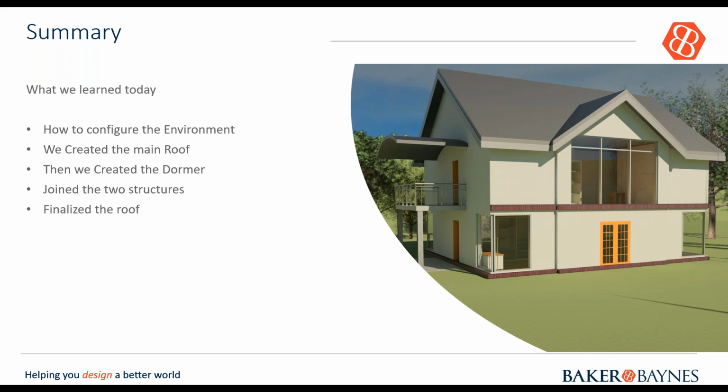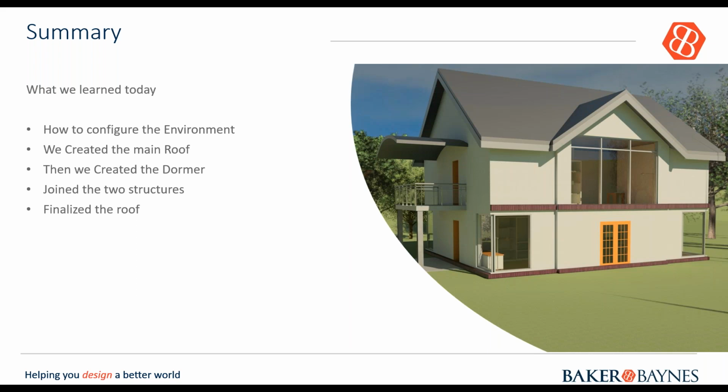So, what did we learn today? In summary, we learned how to configure the environment first. What I mean by that is we need to take into account where the level is set for our roof base, so that from there we can start drawing our roof in that specific floor plan that's associated with that level.